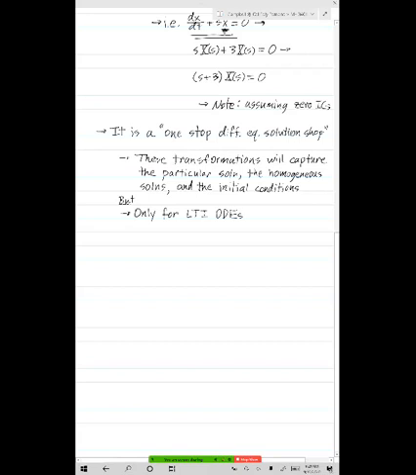So that's what we've been discussing now for quite some time, so it shouldn't be a surprise that this is one of the limitations. But nonetheless, don't try to use this where we have variable coefficients, even if it's linear, that this can't really handle variable coefficients, and it's certainly not a way to approach nonlinear differential equations. So it's only good for these LTI ODEs.